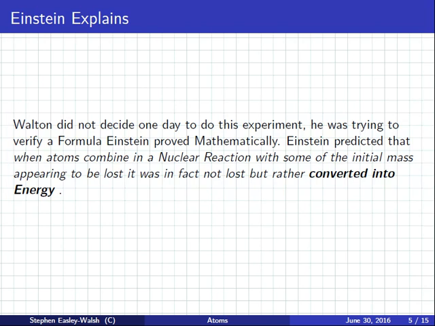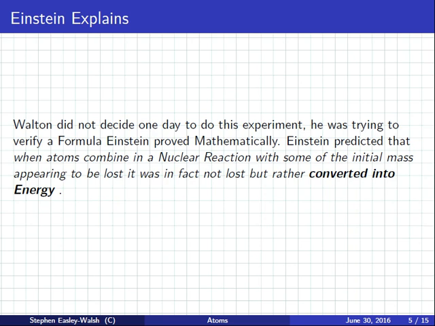Now this is a big deal, because remember we said conservation of energy means energy changes from one form to another form. So we have electrical energy, light energy, all this type of stuff. So that means mass must be a type of energy.